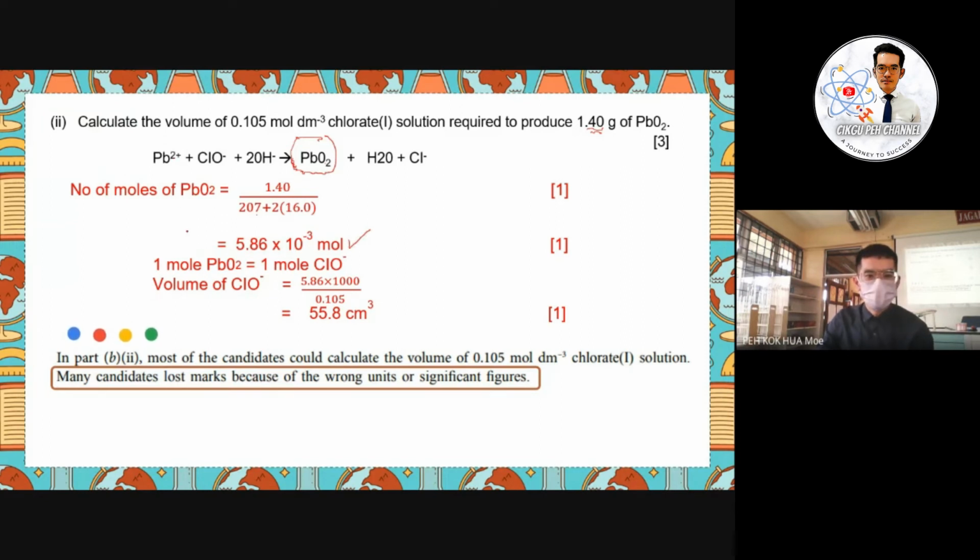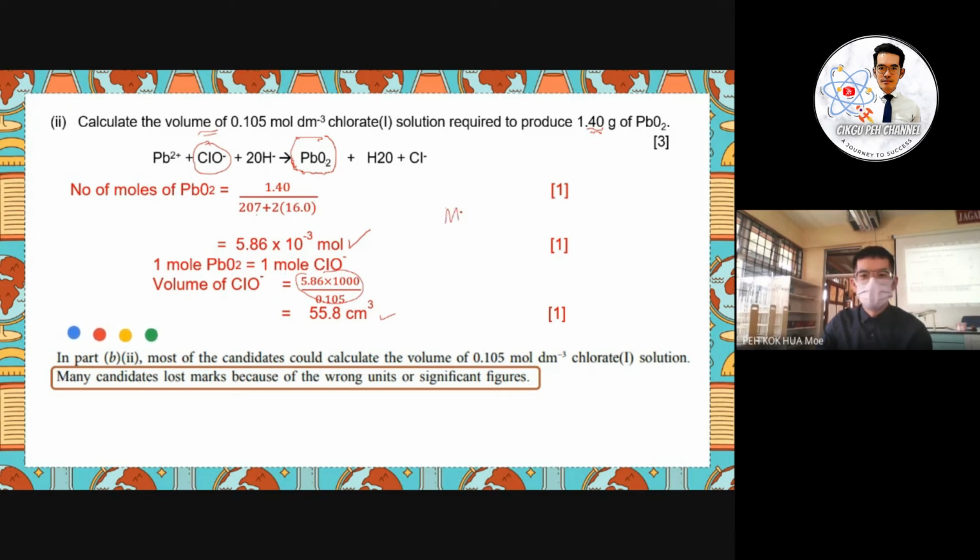From the equation, we know that 1 mole of PbO2 is equal to 1 mole of ClO-. So the ClO-, which the question requires you to find the volume of, will be this divided, and you get the answer already.